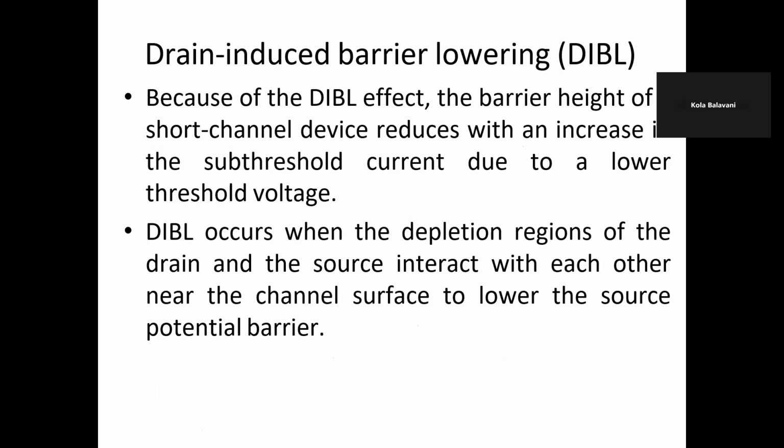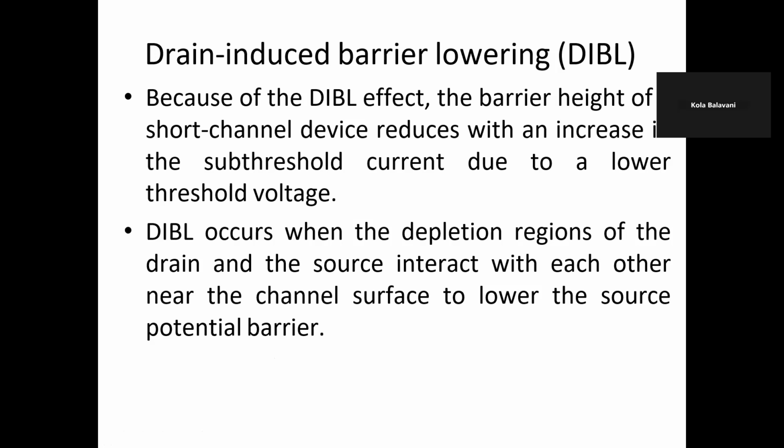Because of DIBL, the barrier height of short channel devices reduces and increases the subthreshold current due to the lower threshold voltage. DIBL occurs when the depletion regions of the drain and source interact with each other. Whenever you increase the reverse voltage, the depletion regions of the drain and source nearly connect to each other, lowering the source potential barrier at the channel surface.